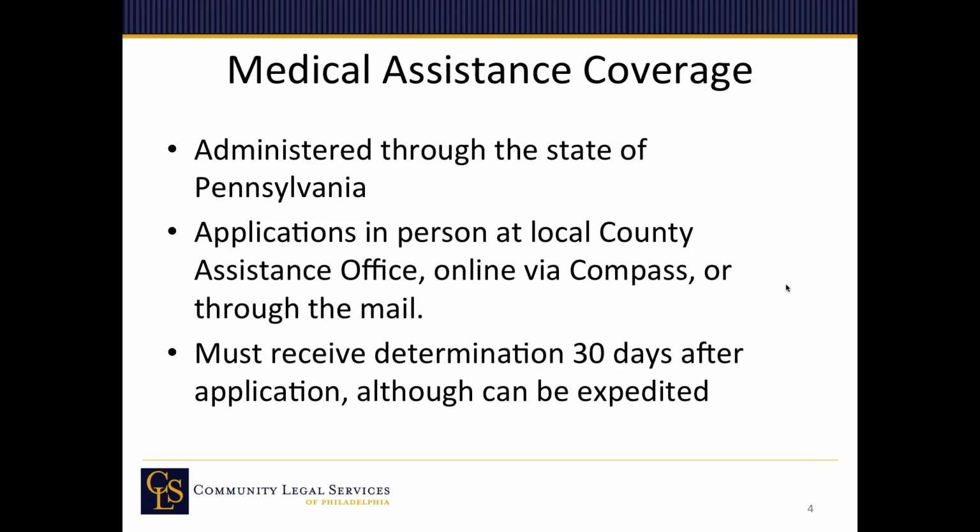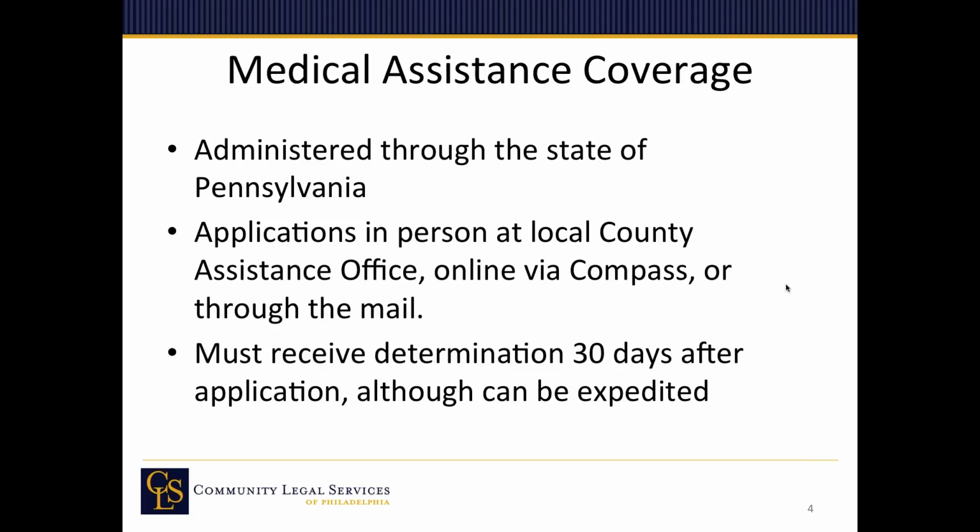Marketplace coverage is a little more straightforward when it comes to immigration status requirements, but still has some complexity. So all qualified and lawfully present immigrants over 138% of federal poverty level can purchase insurance on the marketplace. And then those 5-year barred qualified immigrants and the lawfully present folks who are not pregnant adults, who are under 138% of poverty, can also purchase insurance on the marketplace with subsidies.